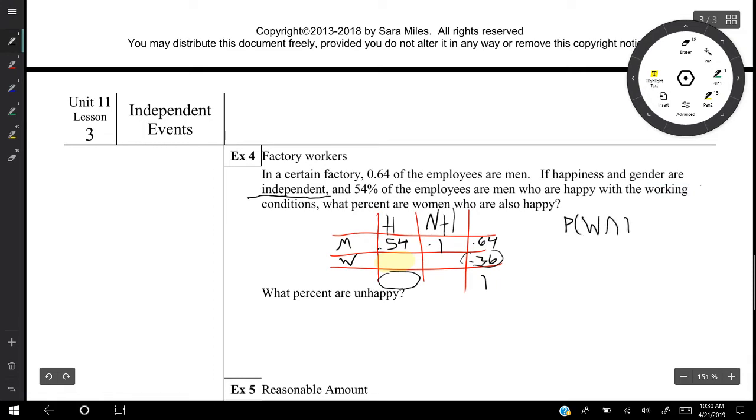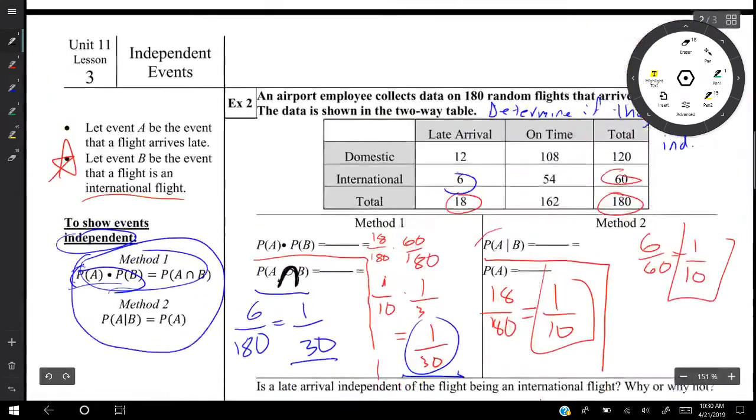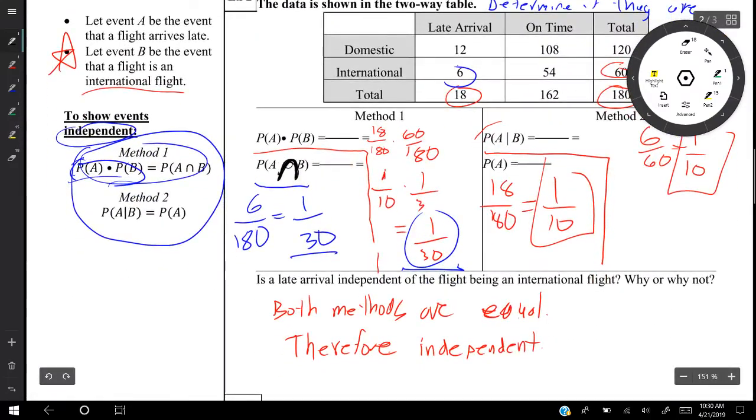So women and happy. And if they're independent, what does that equal to? Probability of women times the probability of happy. You with me? Because they're independent. So scrolling back up, event A times event B is the same as A and B.